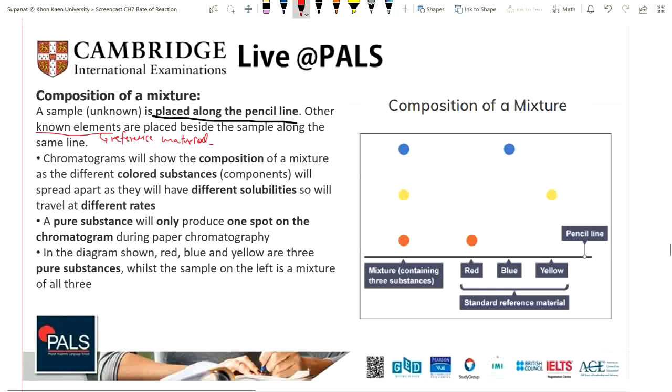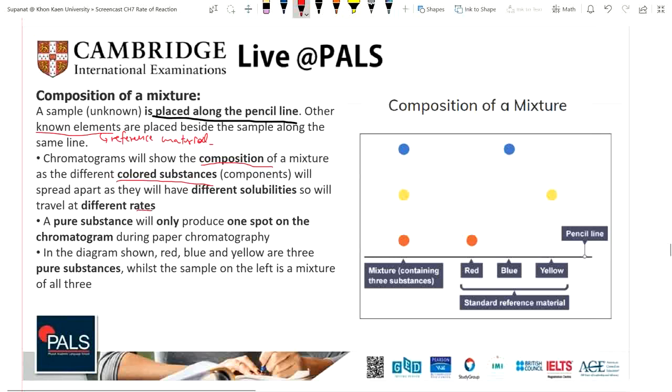The chromatogram will show the composition of the mixture as different colors. The components will spread apart because they have different solubility, so they travel at different rates.